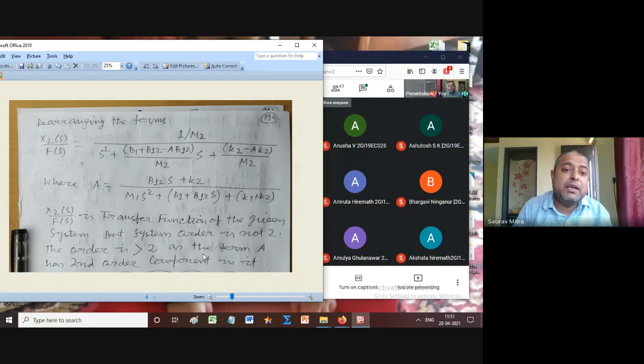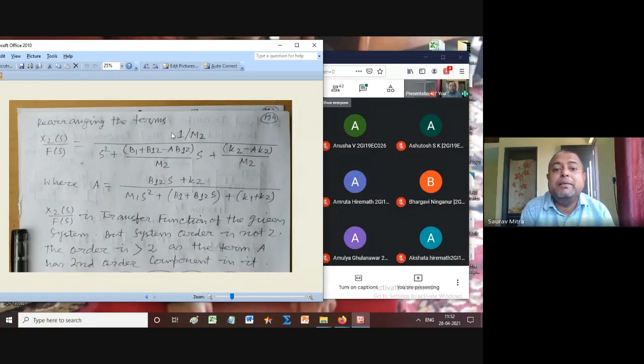If you keep continuing with a very big term, then the whole numerical will get jeopardized. So don't do that. Make x1 equal to a into x2, then write the second loop equation, substitute x1 equal to a into x2 there, get the transfer function in terms of a only, write down a as a big term, and find the final transfer function.